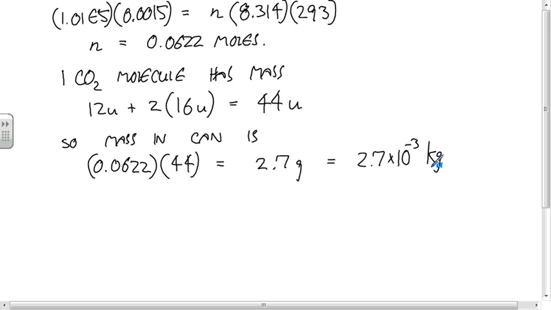And 2.7 grams isn't very much mass, but if you hold 2.7 grams in your hand, you can feel it. So even in a pop can full of CO2 gas, there's enough mass in there to be noticeable.